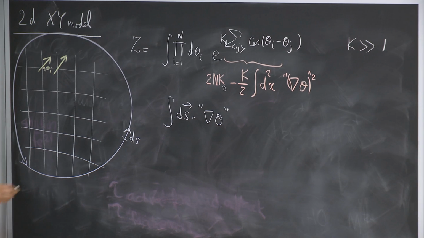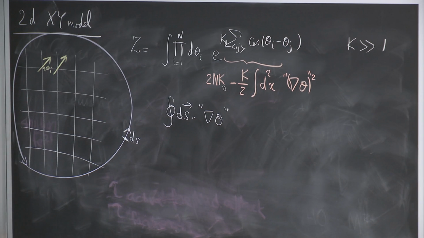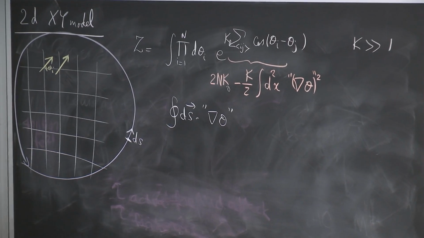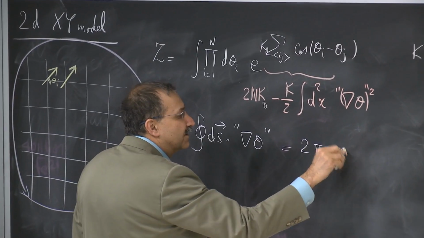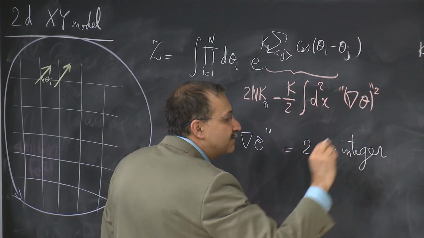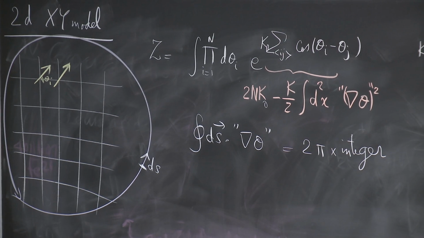And by the time I have come back and closed the circuit to where I started, the answer may not come back to 0. It may be any integer multiple of 2 pi. Right? Okay.